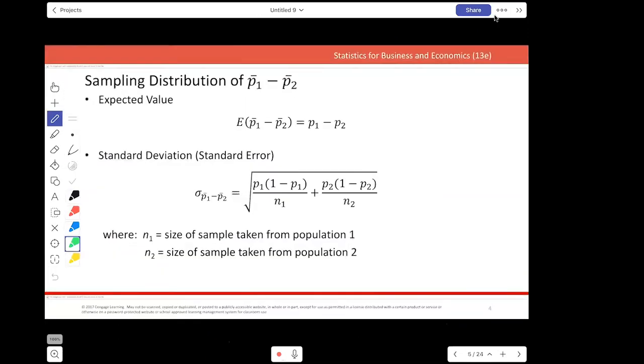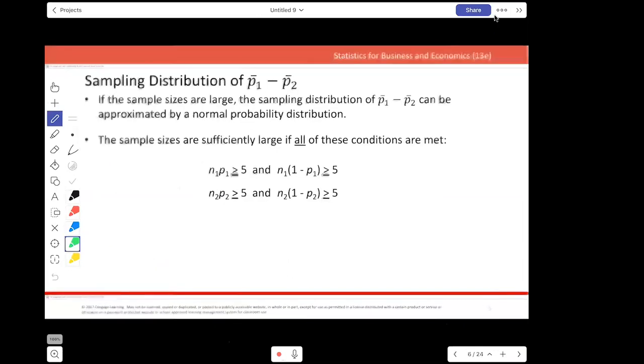So we will see here's the standard error. Here is the expected value, basically saying that the mean of P bar 1 minus P bar 2 would be the same as the difference between the population proportions.